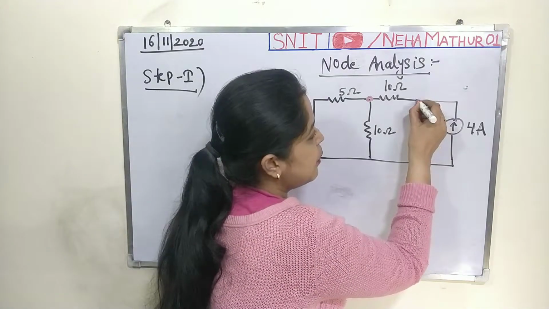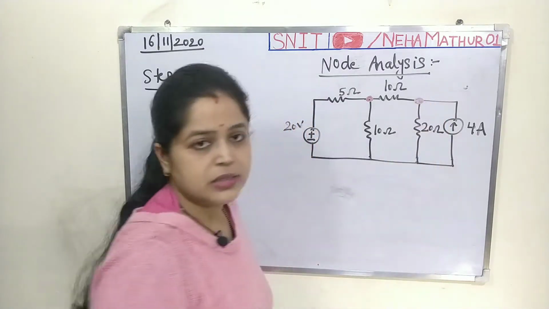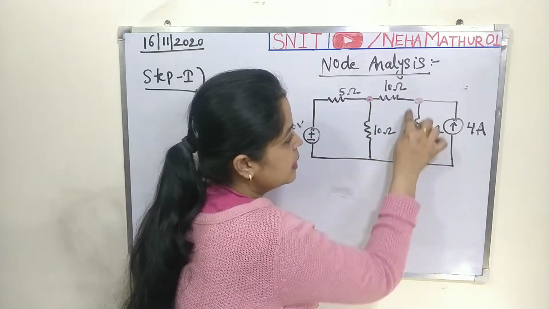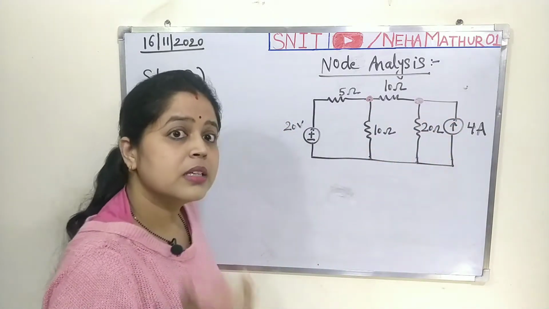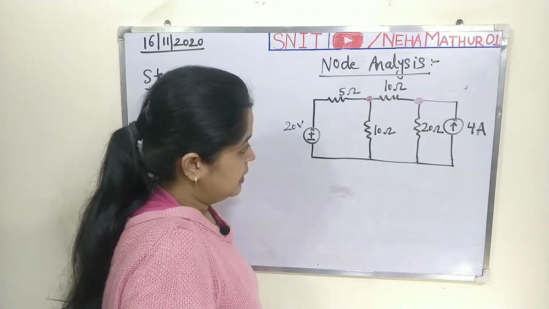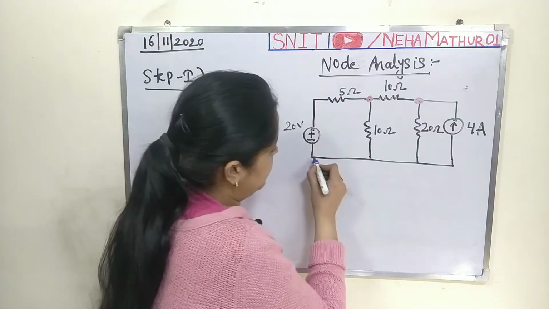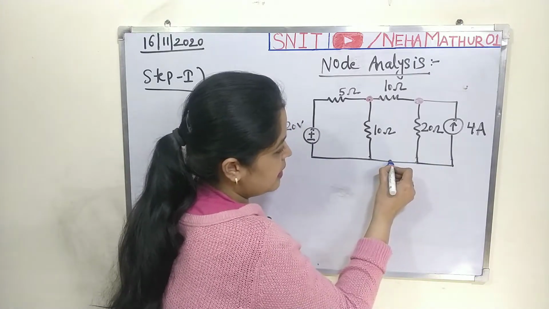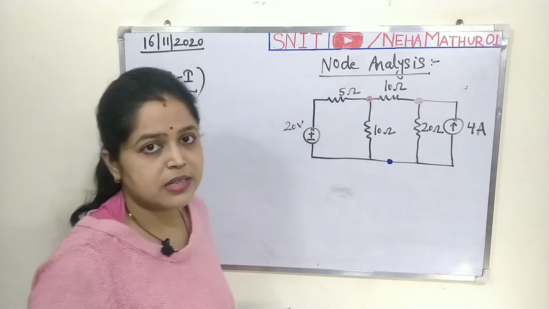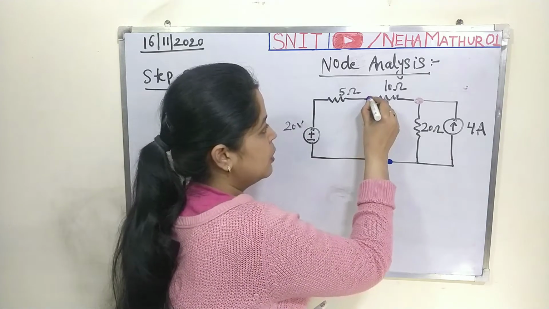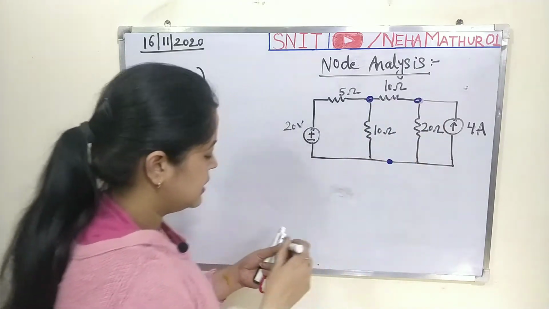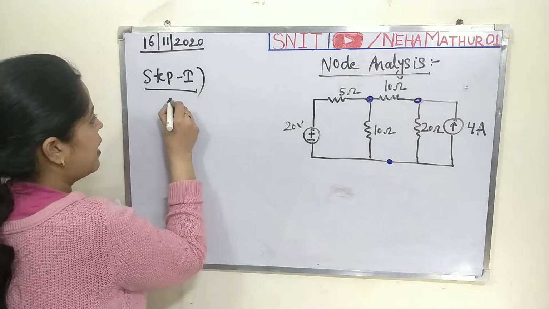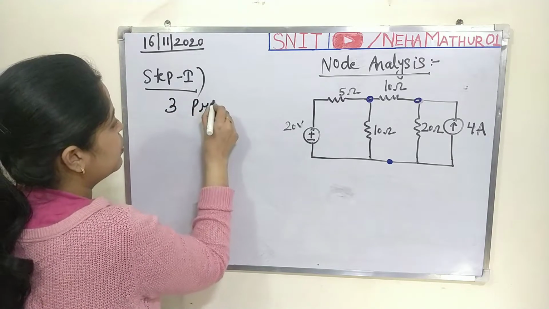Similarly, this point can also be considered a principal node, because again 3 branches are connecting. Similarly, this one, any point across this wire is considered a principal node. Just by observing the circuit, you can say that here you have 3 principal nodes.